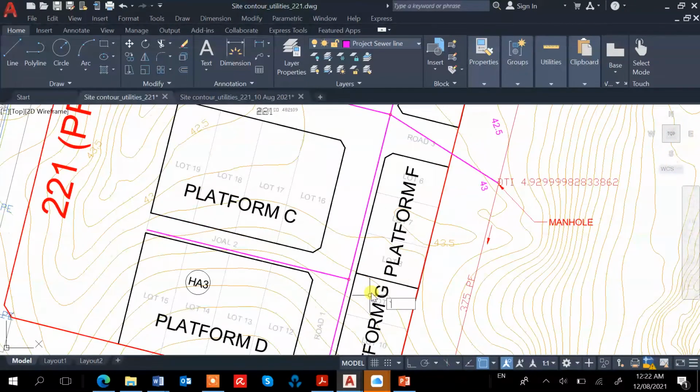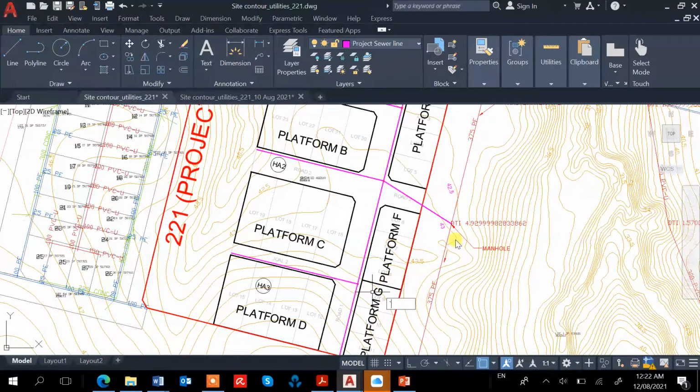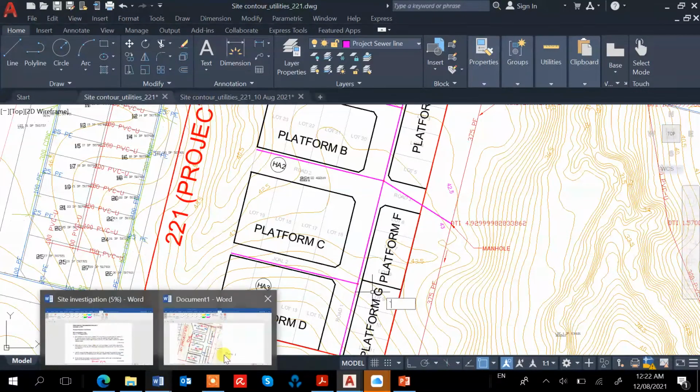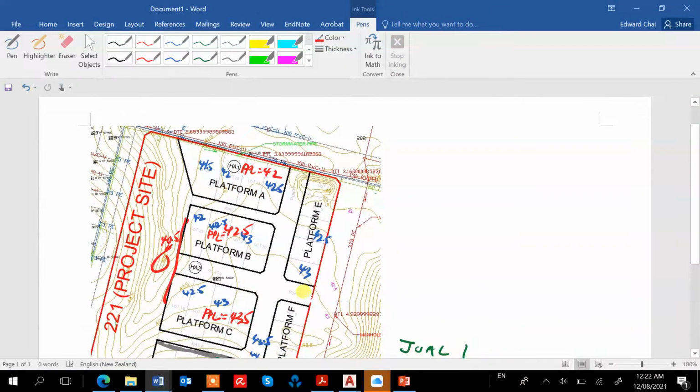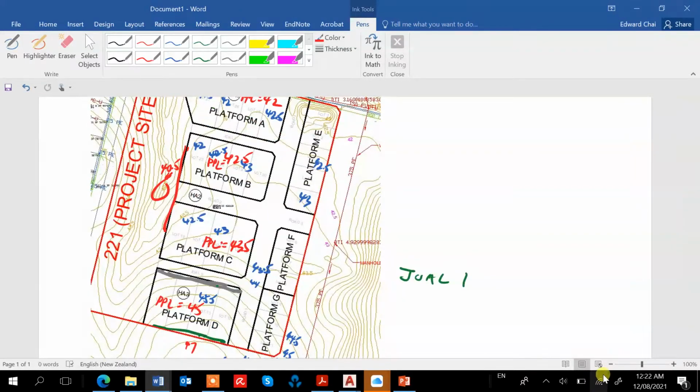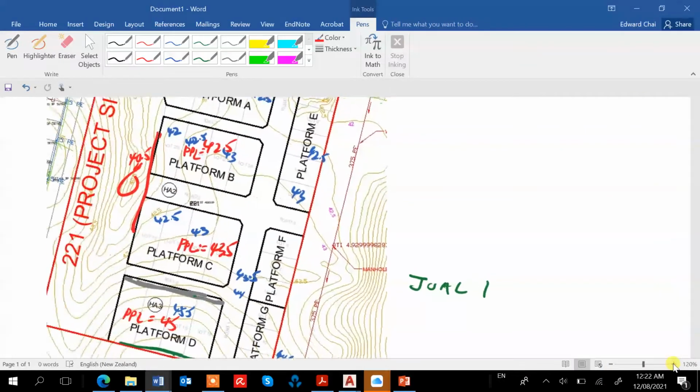Okay, so now we need to determine the depth of this. What is the invert level of this? Okay, let's say we look at here. I just zoom out a bit.